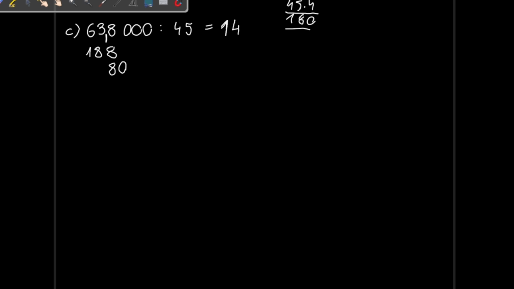We just copied it down here. And 80 divided by 45, that's 1 times 45, and 35 remains. Let's put another 0 down. 350 divided by 45.